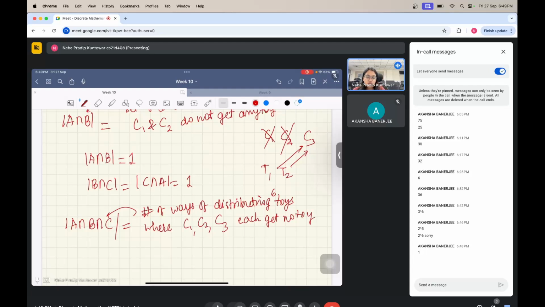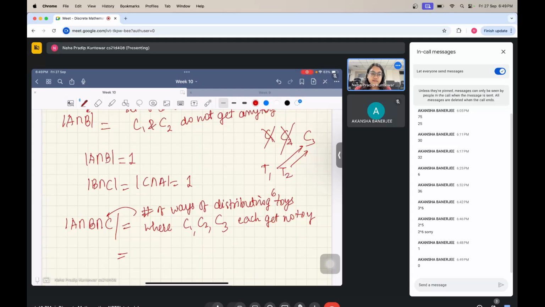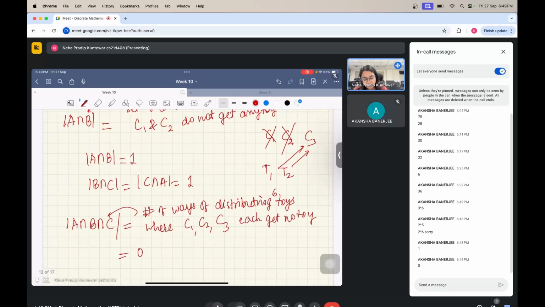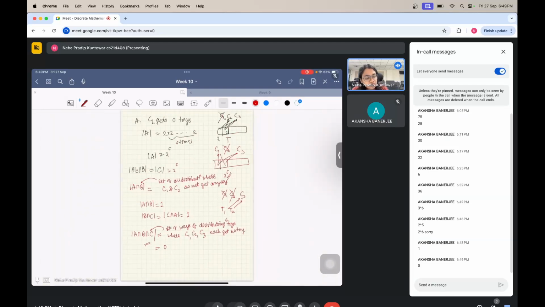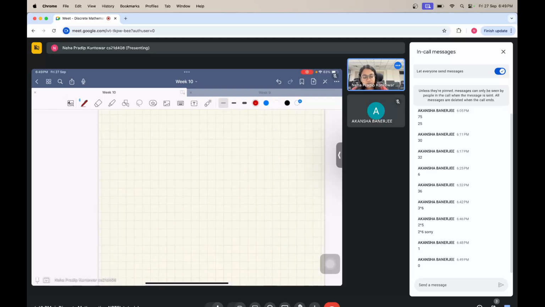So what is the number of ways of doing this? Good. So this happens to be 0, because you have 6 toys and you are not allowed to give them to anybody. So there is no way that you can distribute 6 toys and not give anything to anyone. So this happens to be 0. Now what we will do is plug this into our formula.